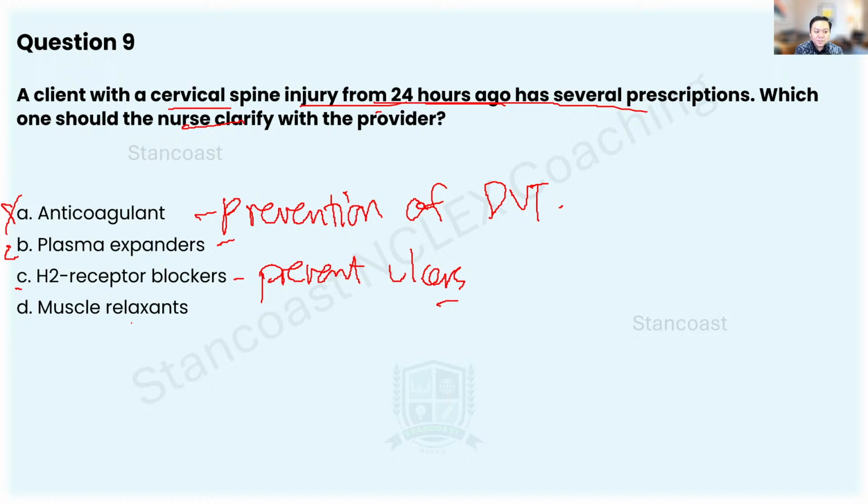What about letter D? Muscle relaxants. We don't have any other choice. Why would you question this prescription, especially within this period? Supposing this is the 25th or 26th hour, and you got this order about the muscle relaxant. Why would you question?